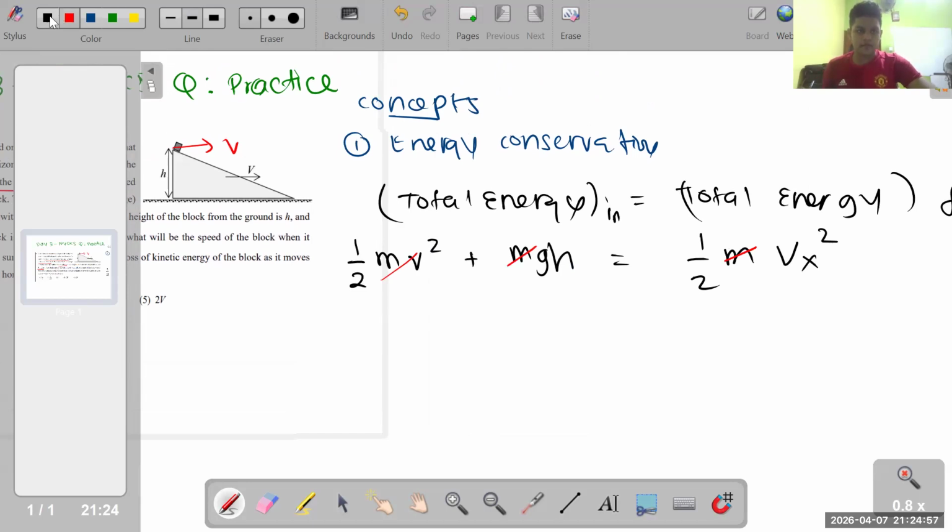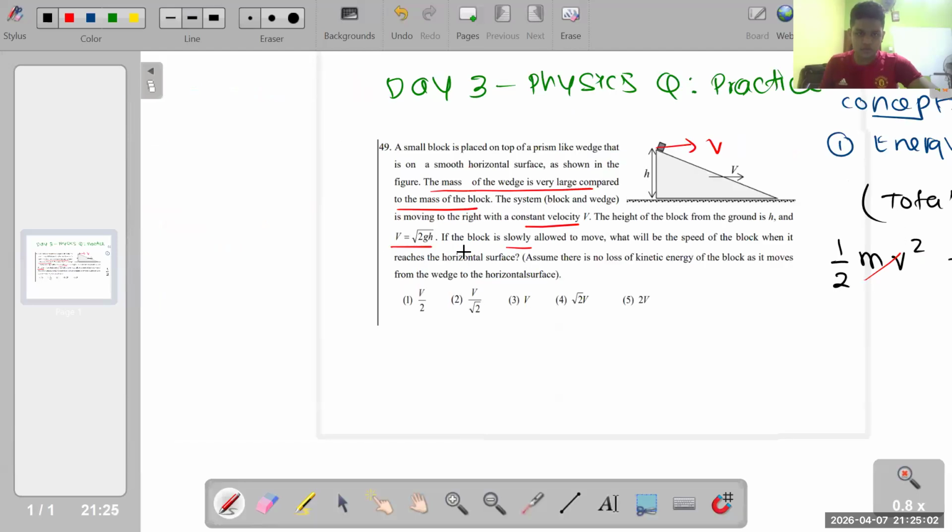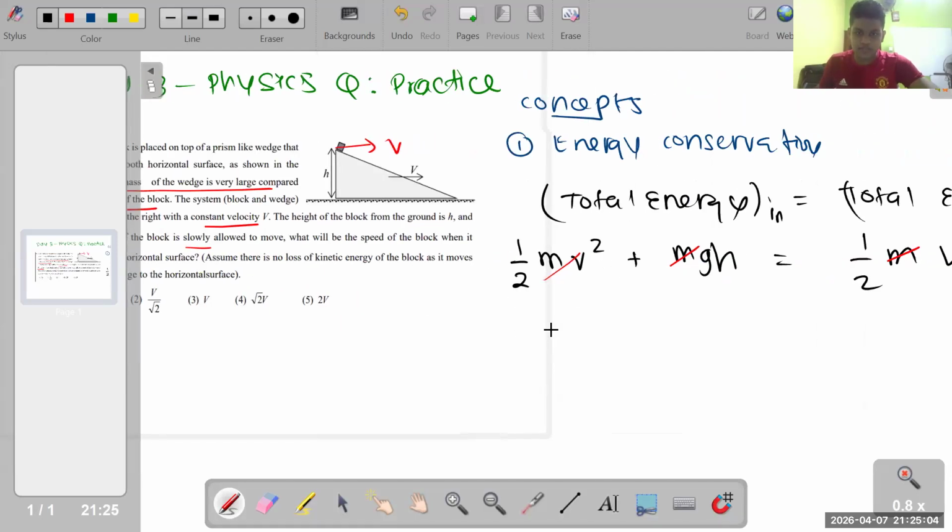Now they have mentioned that v is equal to square root 2gh. So v square means it is equal to 2gh divided by 2 plus gh equals to half vx square.